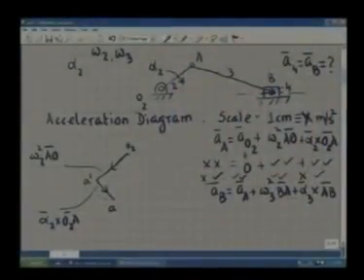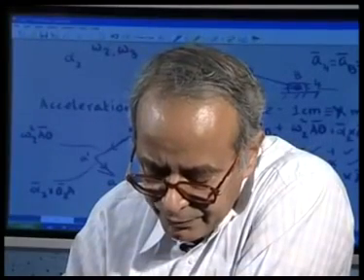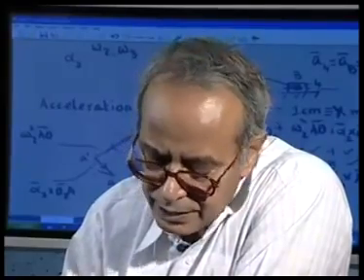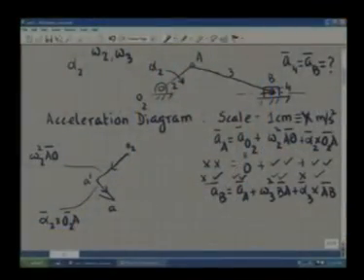So I draw omega 3 squared BA, that is a vector which is parallel to AB. So from A I go to a point, say, I draw this vector. I do not know the magnitude because we are not using any particular numbers.